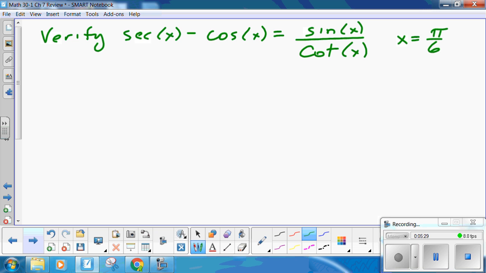Now, when you verify this, you're going to get the answer a over b square root c. So what do you do here?